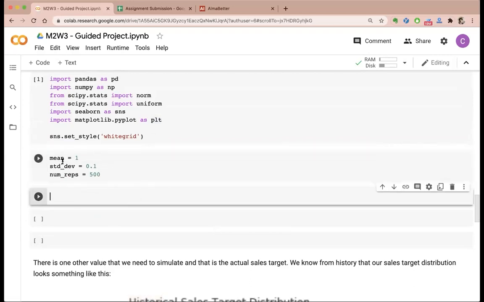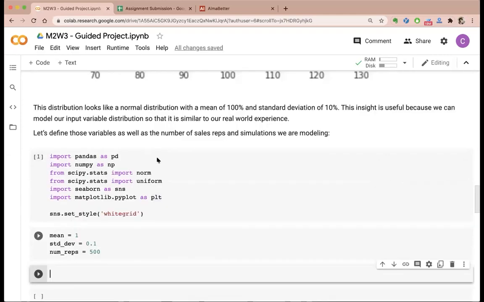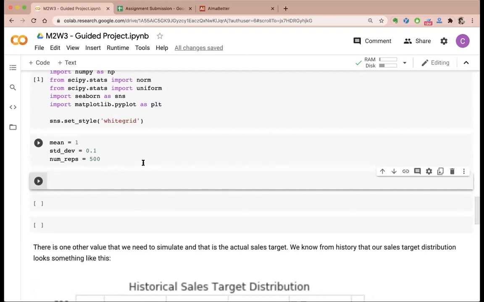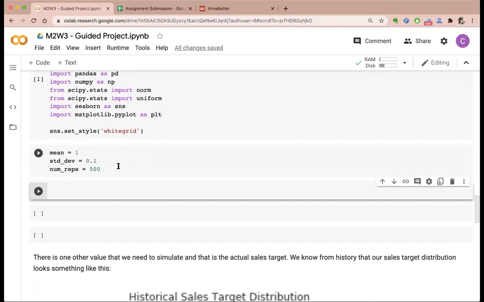So 1 and 0.1 are my mean and standard deviation, and the number of representatives is 500. With these numbers, I want to generate 500 random numbers from a normal distribution with this mean and this standard deviation. So start writing this code in your notebook.